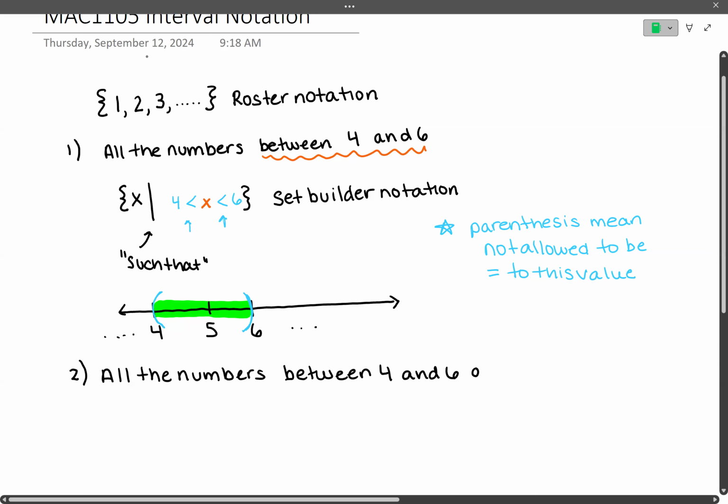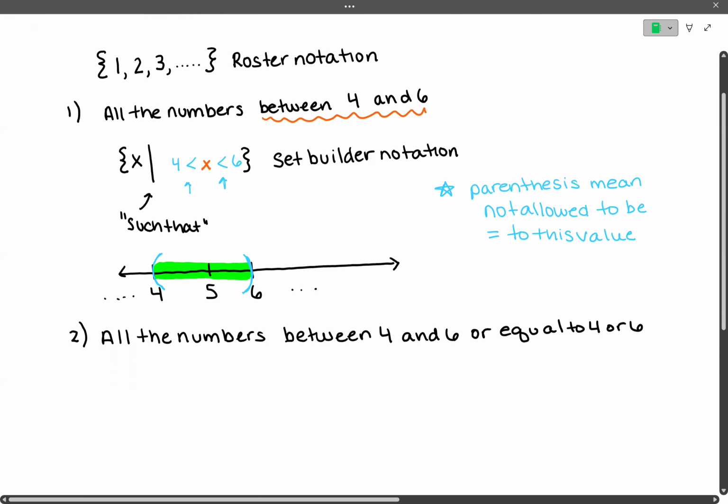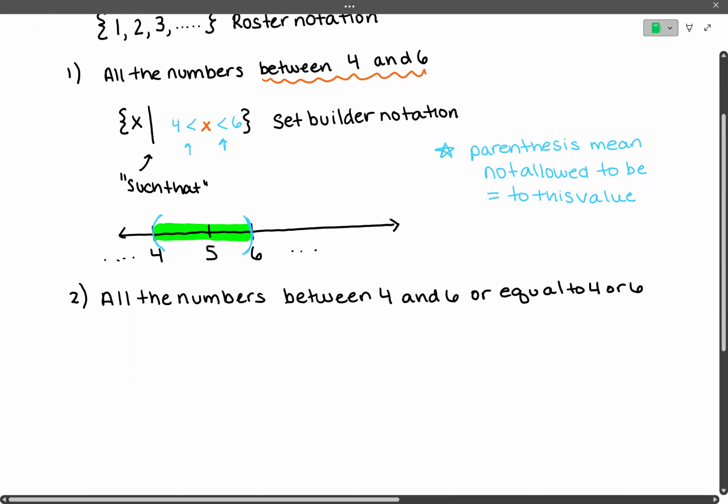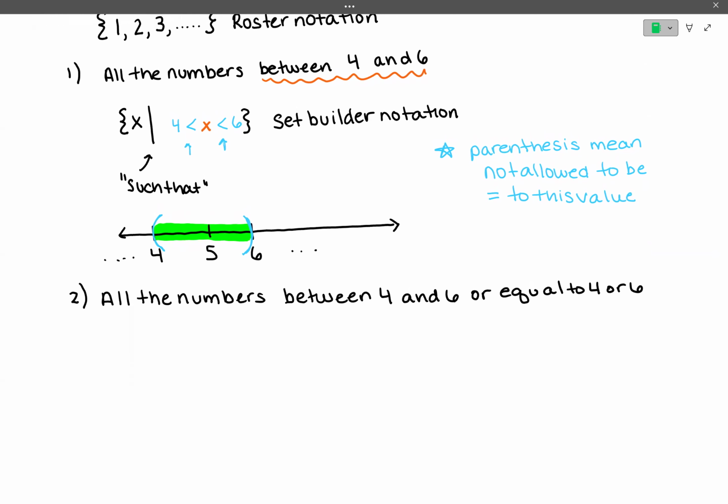So, or equal to 4 or 6. So here, you notice it's so many words. This is why we have all these symbol notations, like to make it a shortcut for writing.